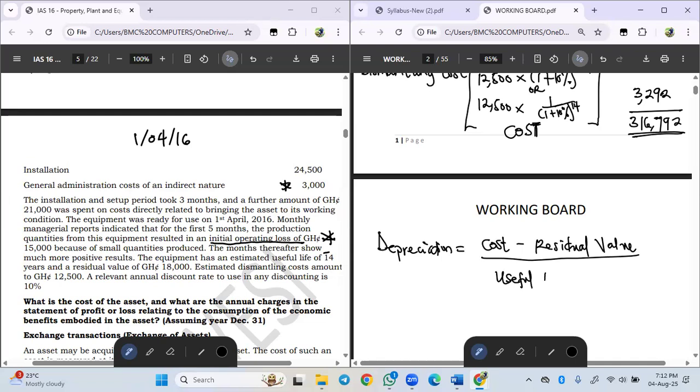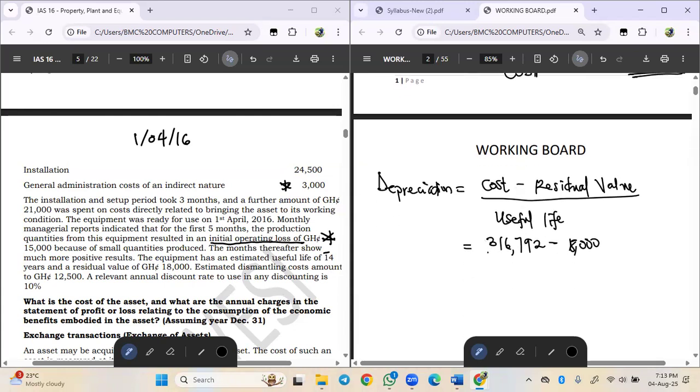This is what you mostly use. Now the cost as determined is 316,792. Residual value per this information is 18,000. Then the useful life of the asset is what? 14.